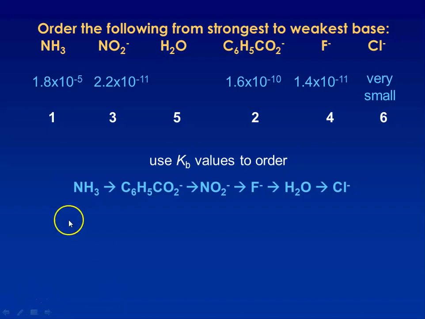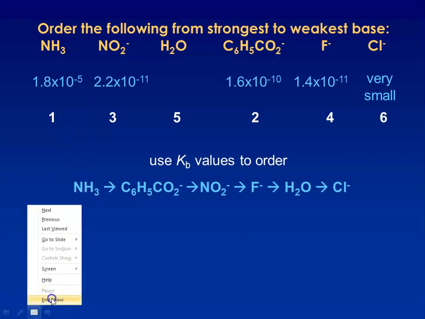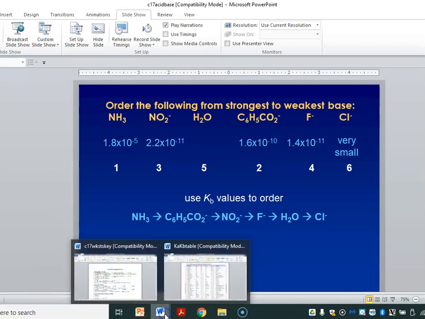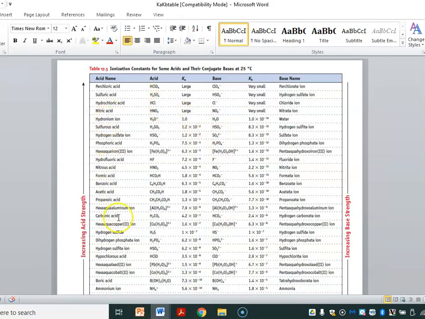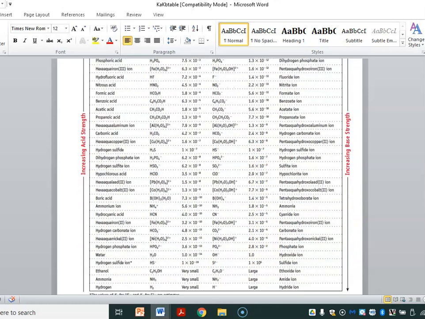All right, and if I close this out, and I go back over here. Again, your Kas, you can see the increasing strength as you're going up. They're getting larger and larger. The Kbs are getting larger and larger as you go down.